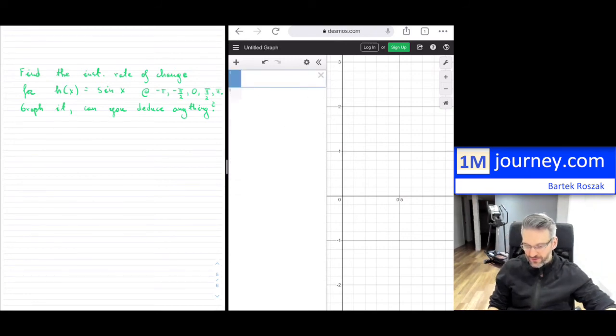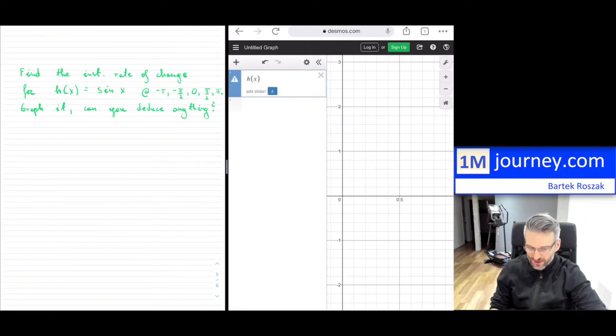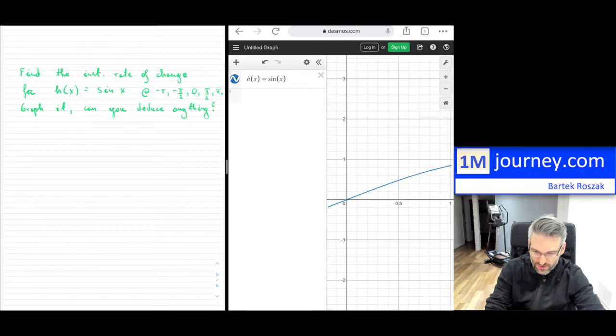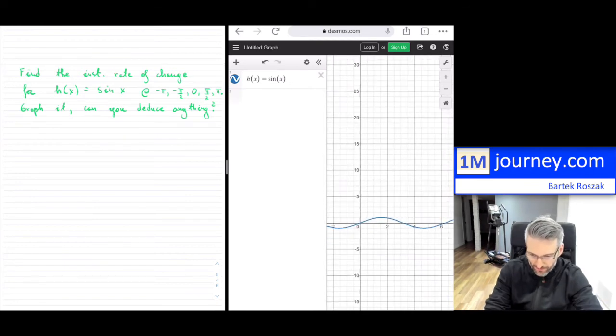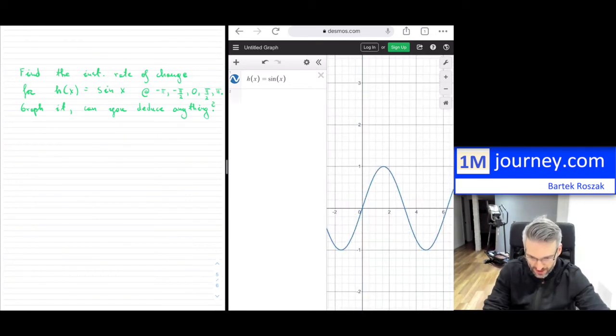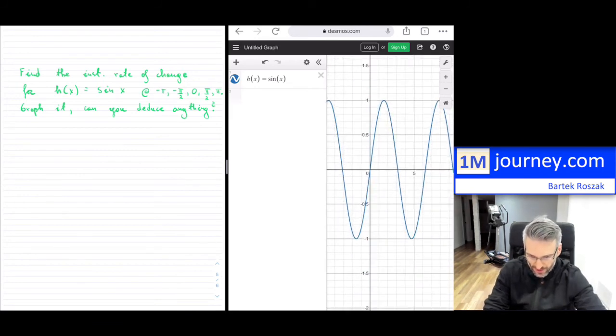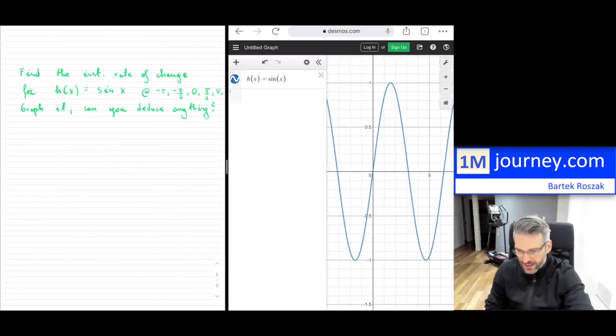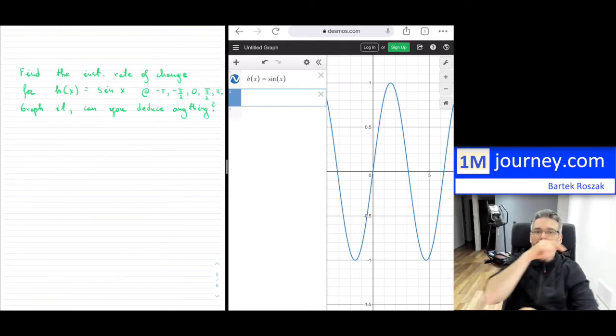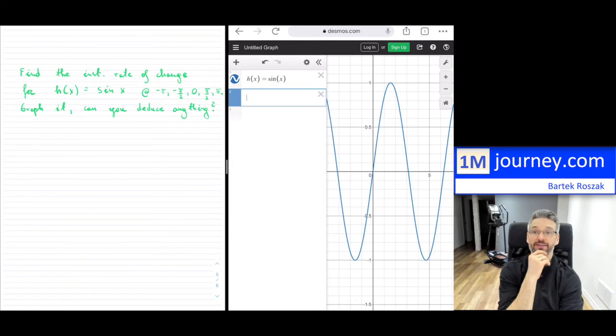So what we have is h of x equals sine of x, so that we can see this nice sine function. Now it's asking us to find the instantaneous rate of change and then graph it at those points.